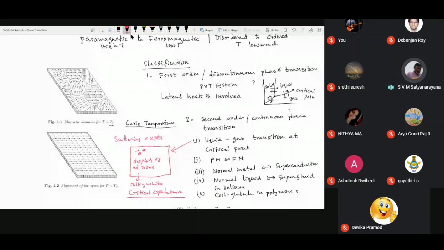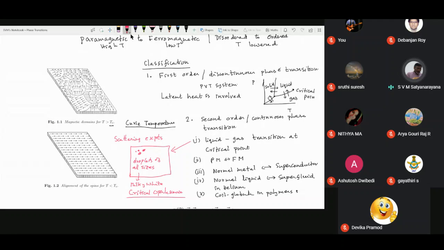What happens at a second order phase transition is that the correlations at the critical point are long range. That means there will be correlations in the entire system. If you have a spin here and another spin at the edge of the system, that will be correlated to this one.